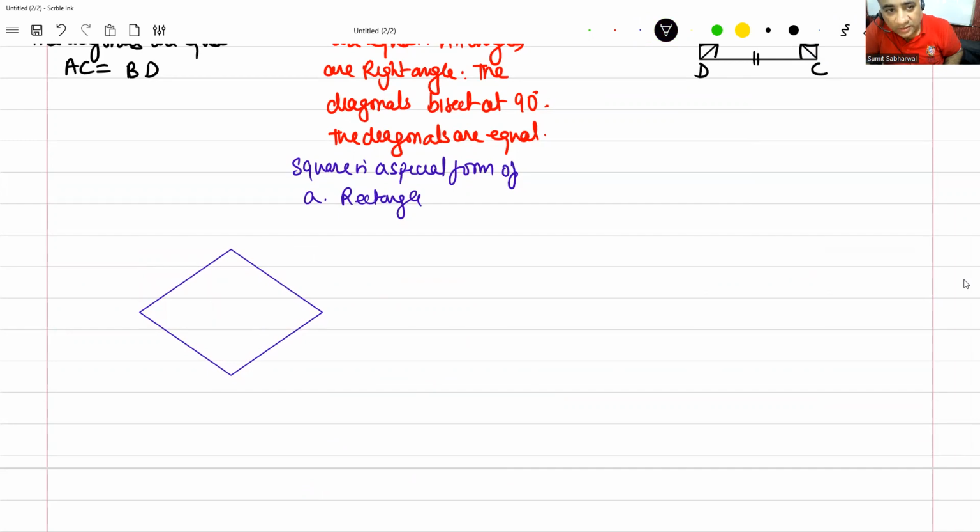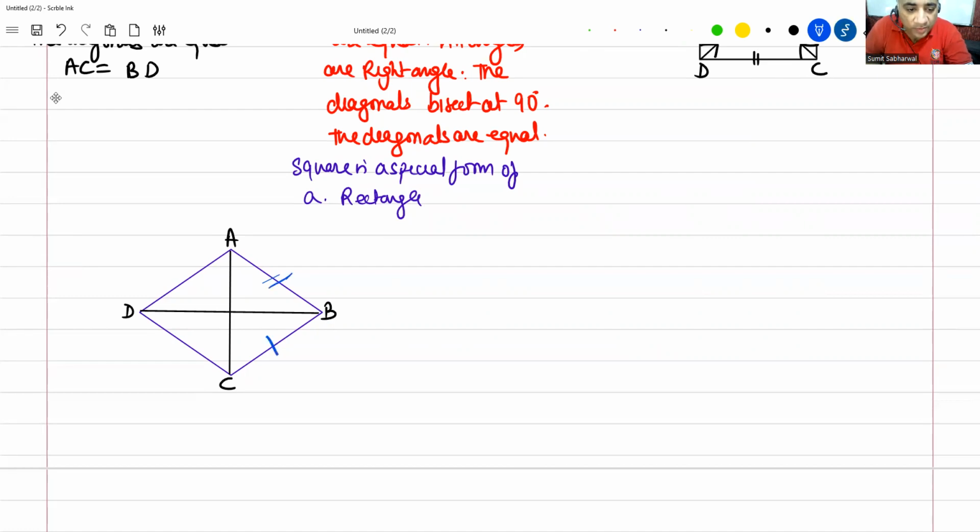It can also be called a parallelogram in which all sides are equal. This might give you a hint that there is one more parallelogram with all sides equal, that is square. Let us see how a rhombus differs from a square. All sides are equal means AB is equal to BC is equal to CD is equal to AD.